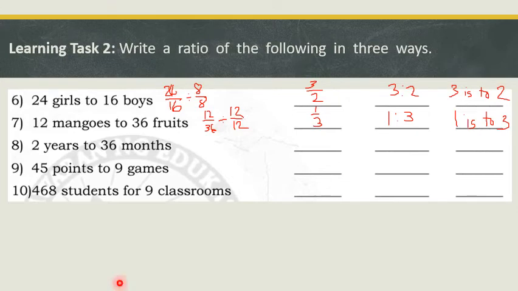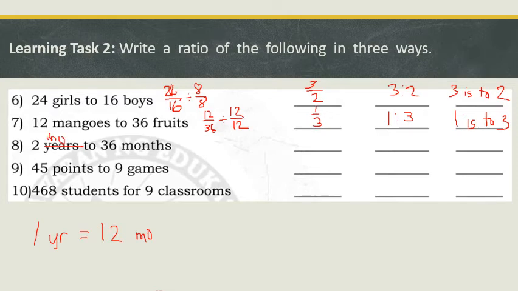Then, sa number 8, we have 2 years to 36 months. So, ang years, pwede natin gawin into months. So, ang isang taon o 1 year ay ilang buwan? So, we have 12 months. So, ngayon, kung gagawin nating months itong years, ilang months po meron ng 2 years?